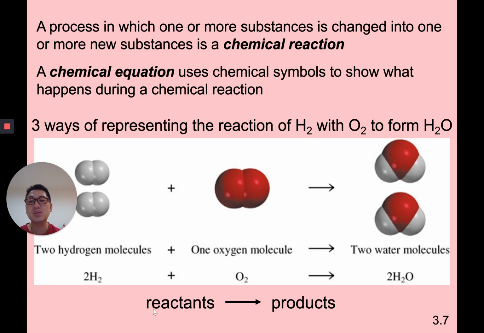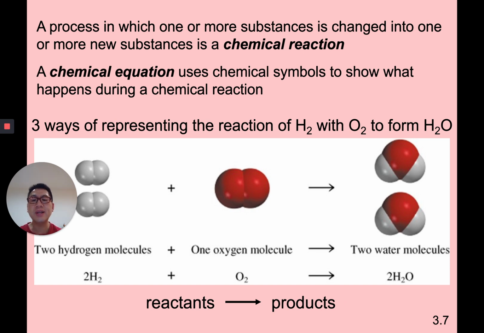What you make would be on the right side of the arrow. They're also known as your products. In this chemical reaction, hydrogen and oxygen are the reactants, and water is a product.